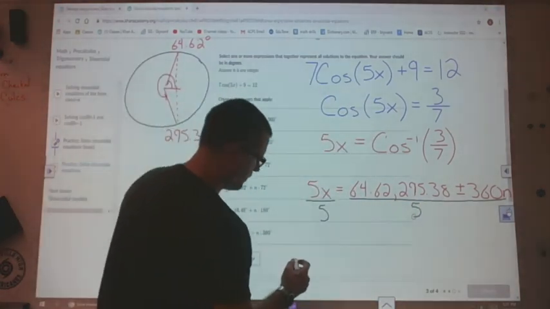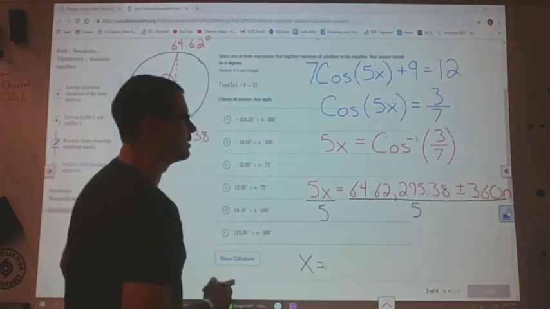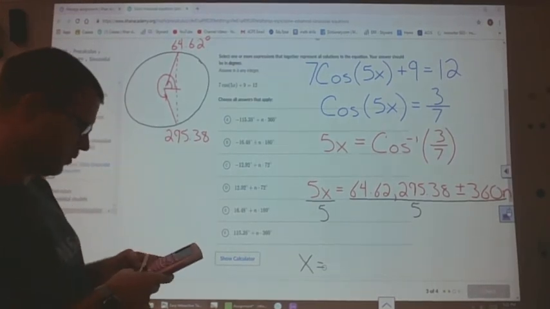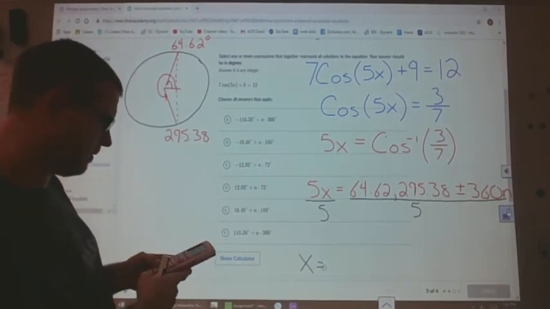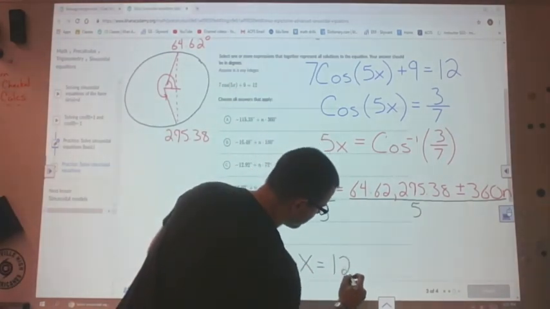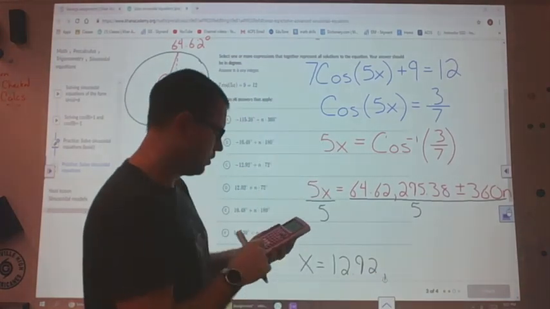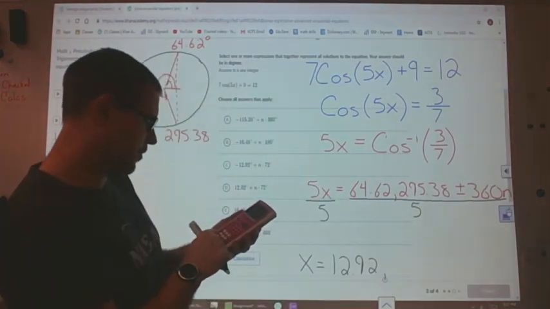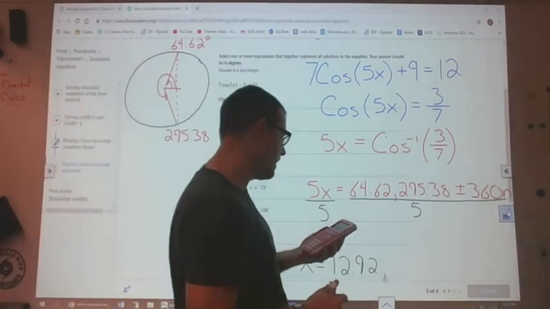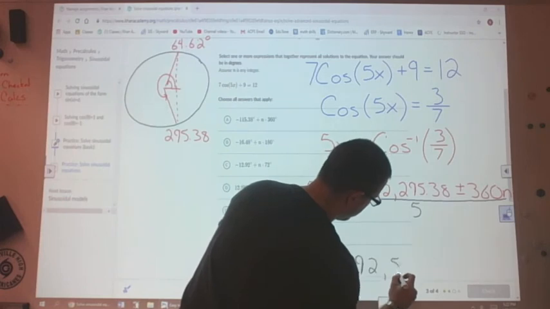And then all we have to do is match our answers up. So 64.62 divided by 5 is 12.92. 295.38 divided by 5 is 59.076, or 59.08.